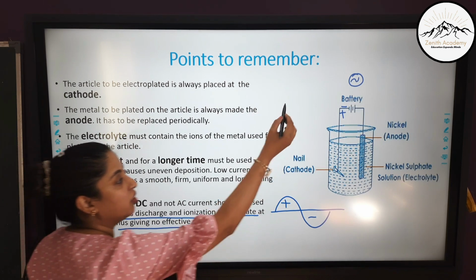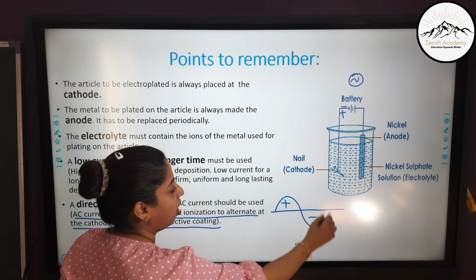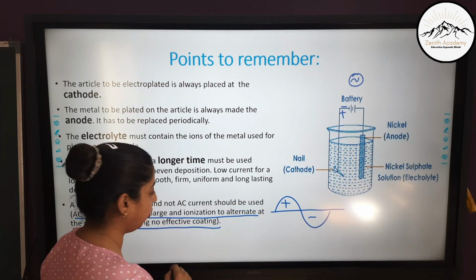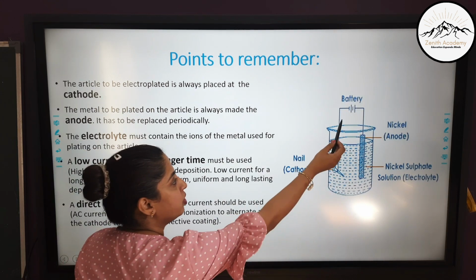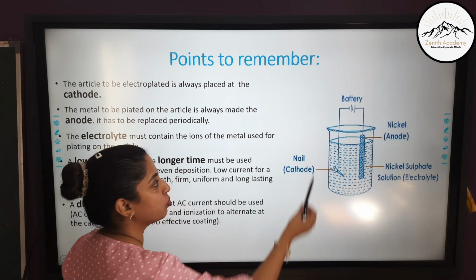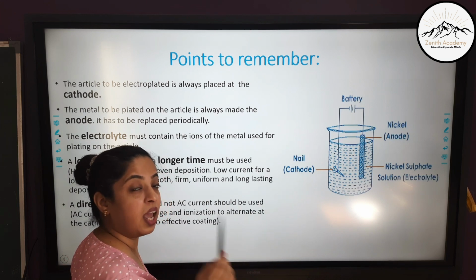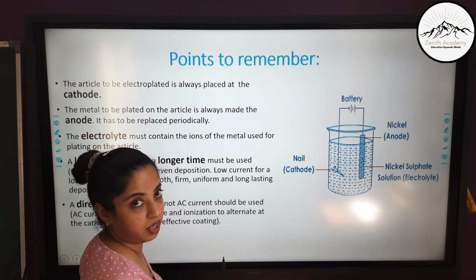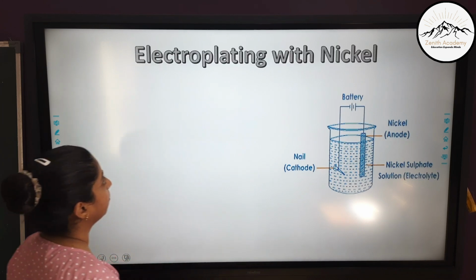First it will get deposited, in the second half it will again get ionized and go into the solution. So there will be no effective coating. That is the reason we should always use direct current, which is provided by a cell or a battery, and never use alternating current which is provided by the mains of our electricity at our houses.